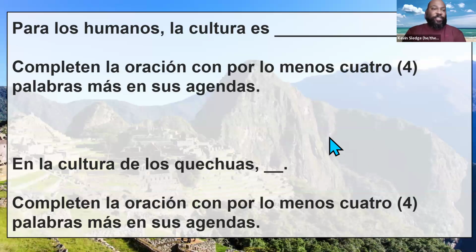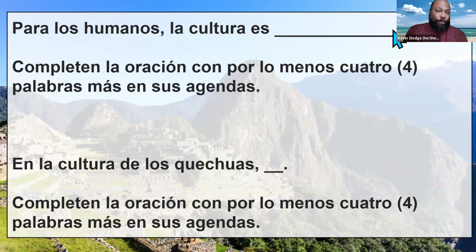And then I finish by asking them to fill in the blank with the language that they might have. At this top sentence with the blank, it says, for humans, culture is blah, blah, blah. Right? They fill in. I specify here 4 words, but if you did an activity like this, you could leave it open to them.